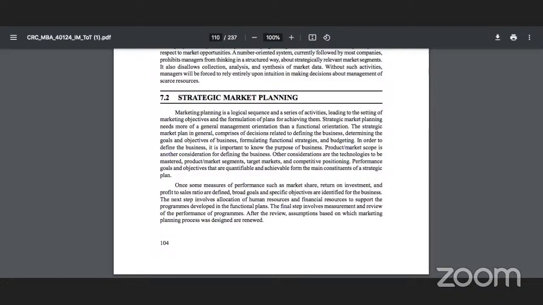So those kind of legislations may also be there. Another important consideration is, of course, the technologies, the product market segments, target markets, and competitive positioning.